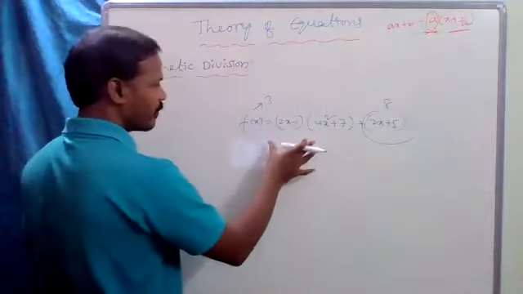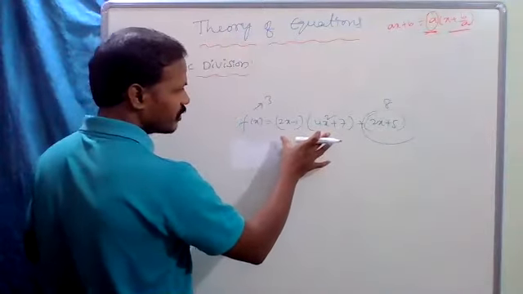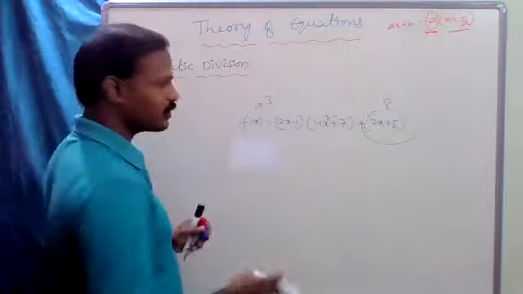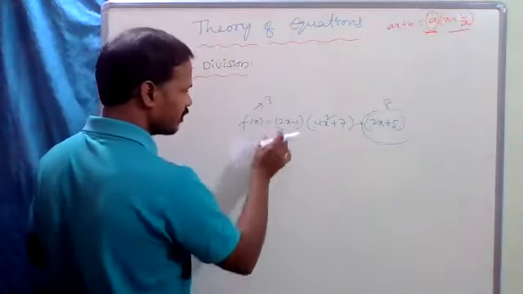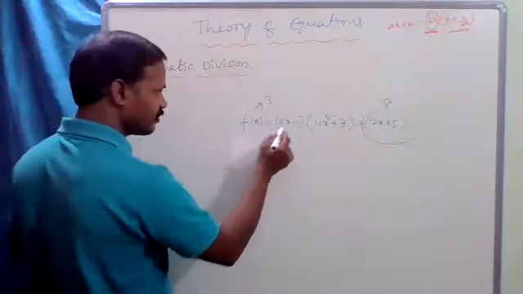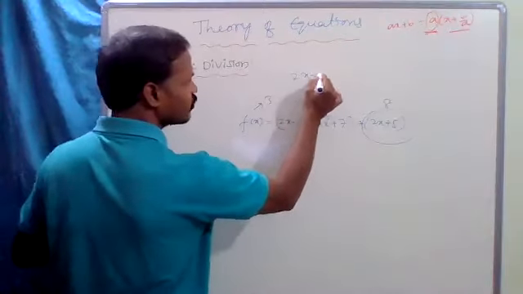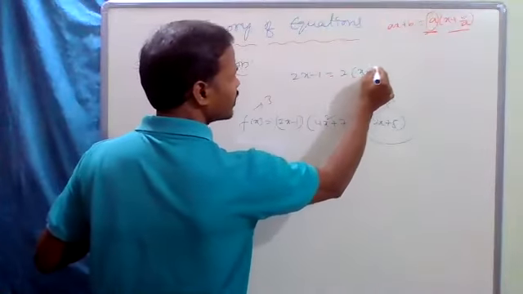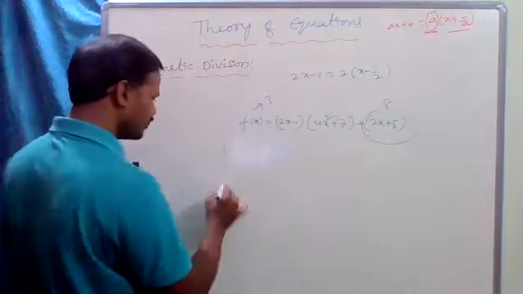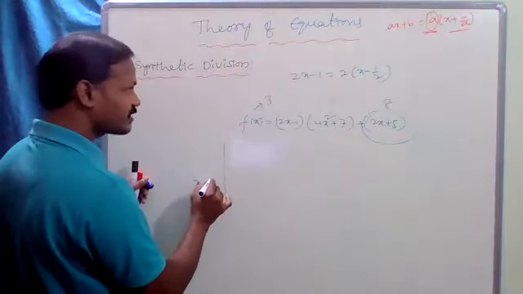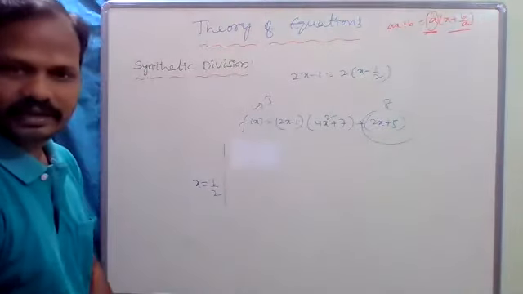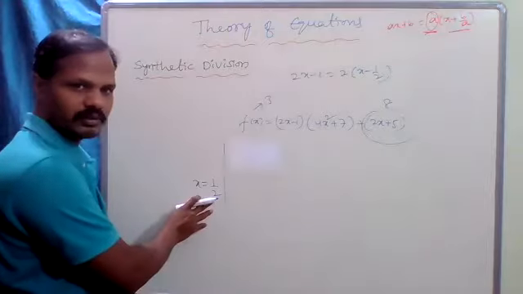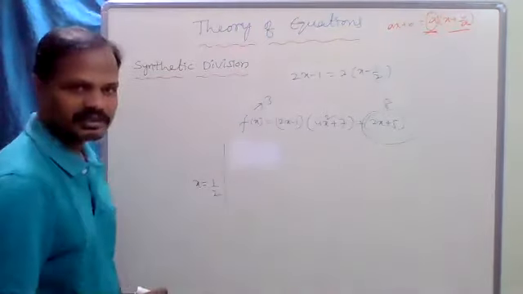So what is the question? While doing the problem in general, we write 2x minus 1 as 2 into x minus 1/2. So while doing synthetic division, x equal to 1/2. We are writing x equal to 1/2 and taking this to do the synthetic division.